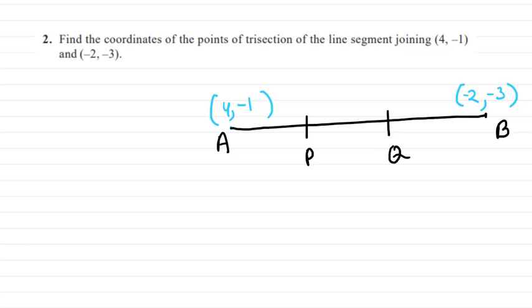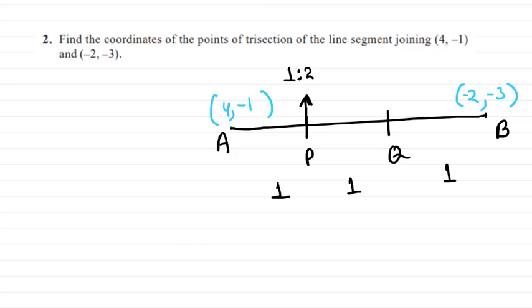Now in this question the direct ratio is not given. So what you can see here, there are 3 equal parts. So let's say you have these 3 parts. So when you are finding the coordinates of P, in that case you can see in your left you have 1 part, in your right you have 2 parts. So P is dividing AB in 1:2.